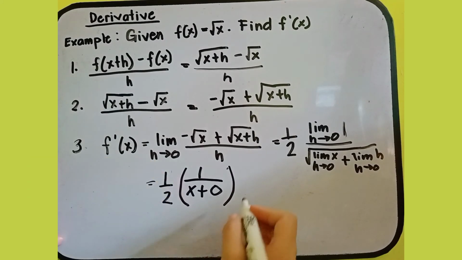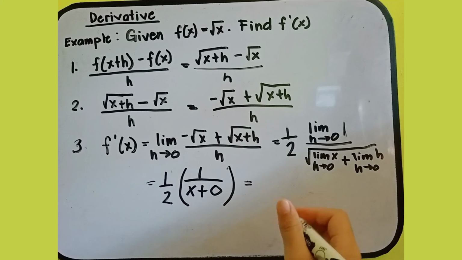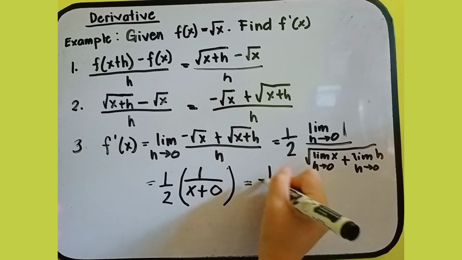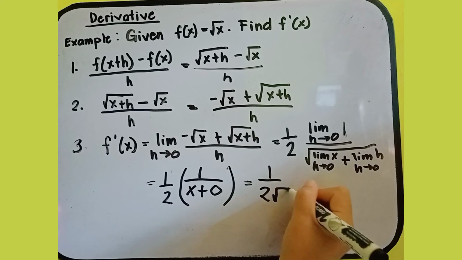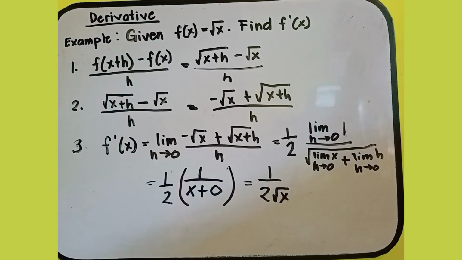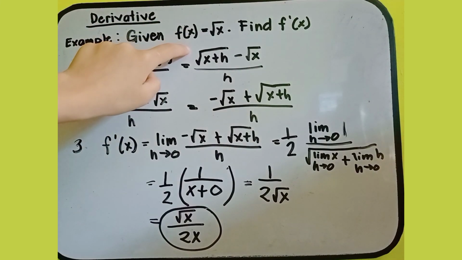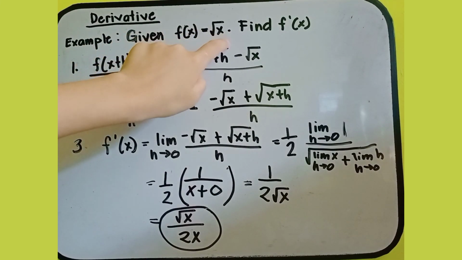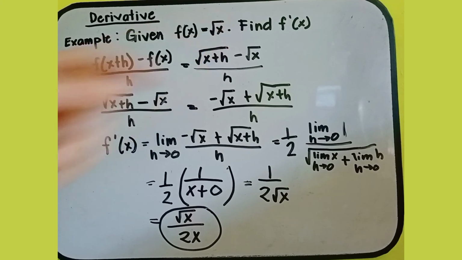We have now 1 over 2 square root of x, or simply square root of x over 2x. So that's now the derivative of f of x equals square root of x.